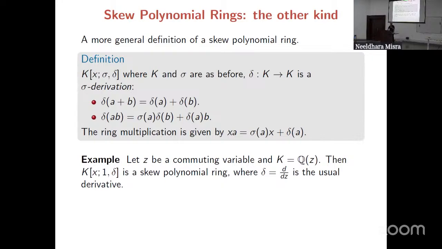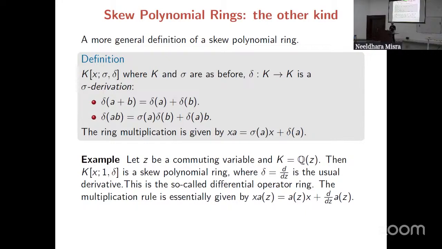If you take K to be the rational function field in the indeterminate Z, and delta is just the usual derivative d by dz, and sigma is identity, then this is what is called the differential operator ring. And you can see that d by dz is actually a commutator, xa minus ax. That's what it will turn out to be. Commutators are closely connected with derivations.